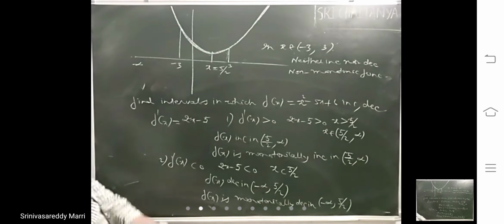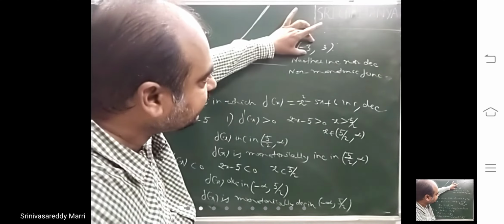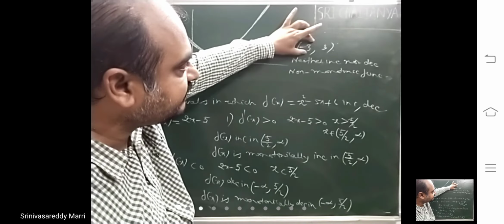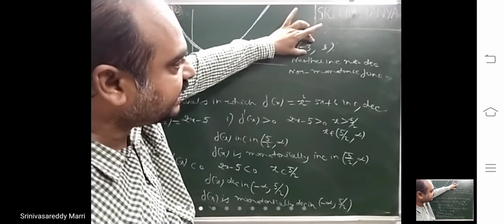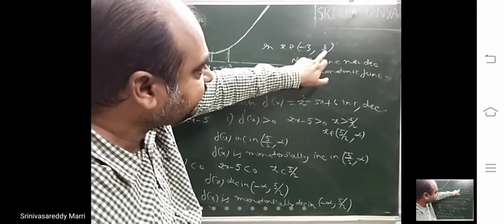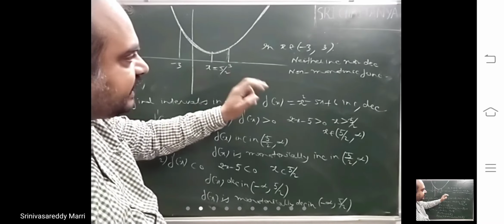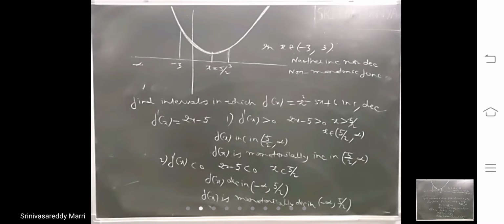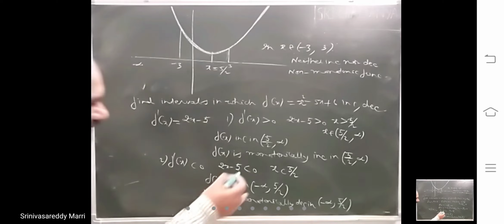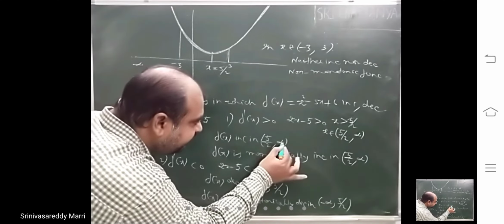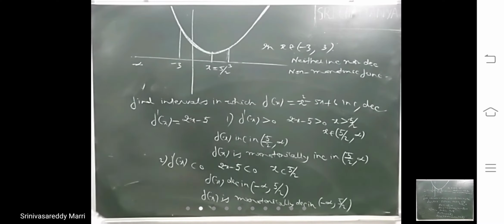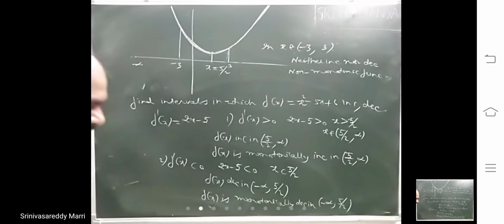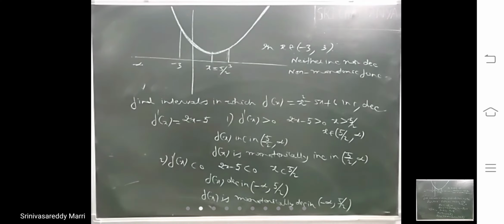If in the given interval it is completely increasing, it is called monotonic function. If it is completely decreasing, then also monotonic function. If some interval increasing, some interval decreasing, it is called non-monotonic function. So in 5 by 2 to infinity f of x is monotonically increasing. In minus infinity to 5 by 2 it is monotonically decreasing.